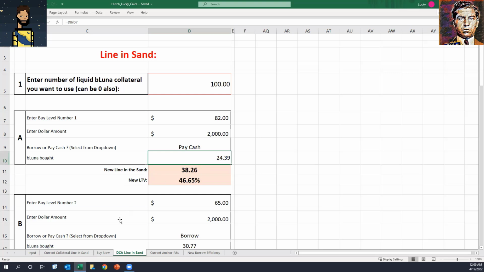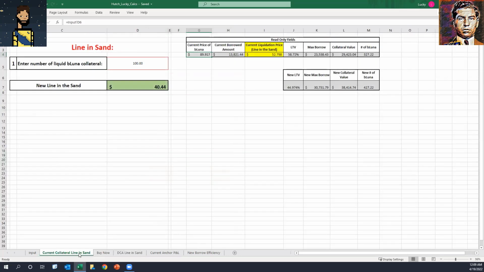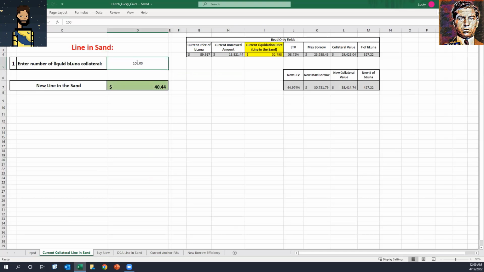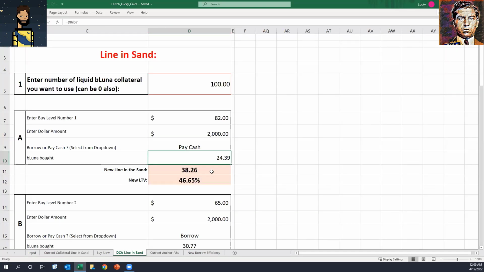Just to check our math, if you went back to the current line in the sand and added 124.39, 38.26. Math looks good.